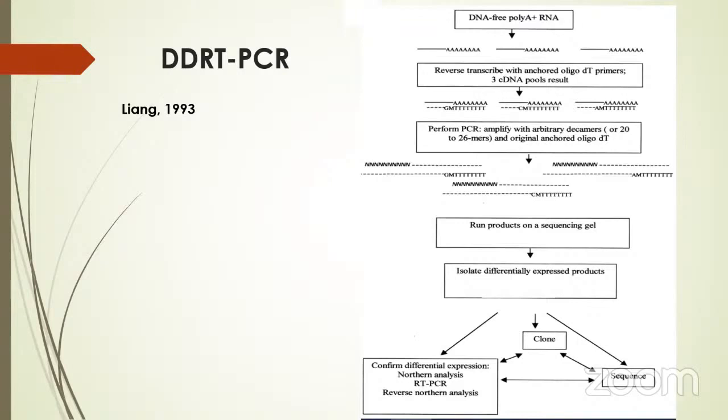Okay, and first of all, as we can see, we have to isolate the RNA, and then we will go for cDNA synthesis using oligo-dT primer, and we will pool the sample. We have to perform the first step of the RT-PCR, where the sample is isolated from different conditions using a set of oligo-dT primers.